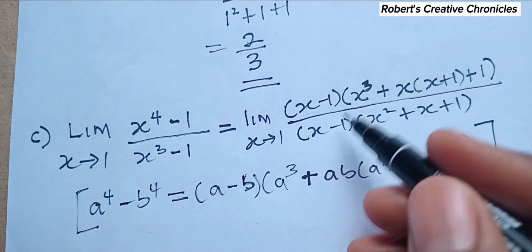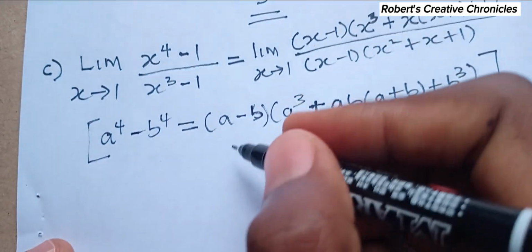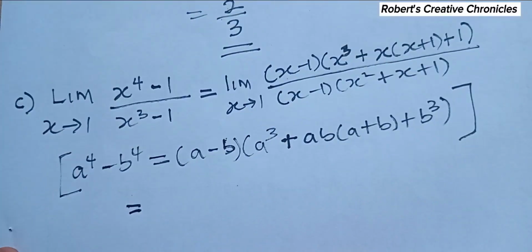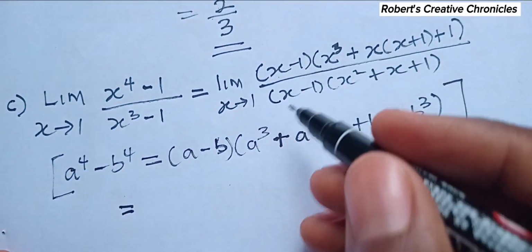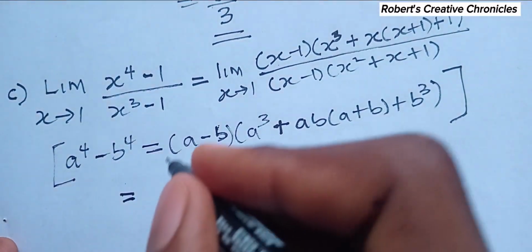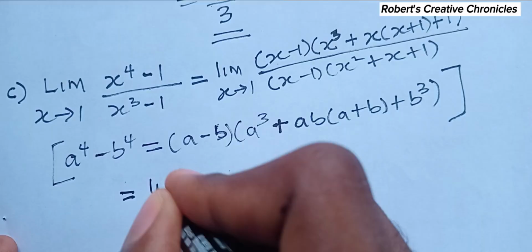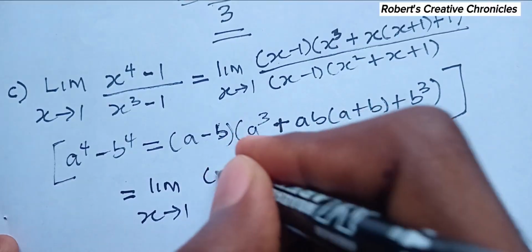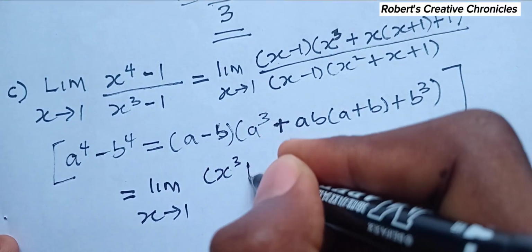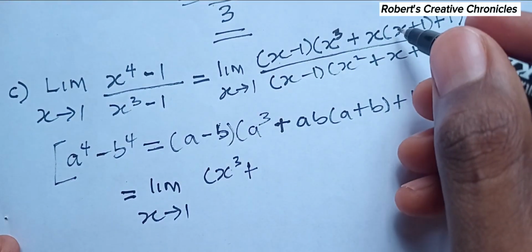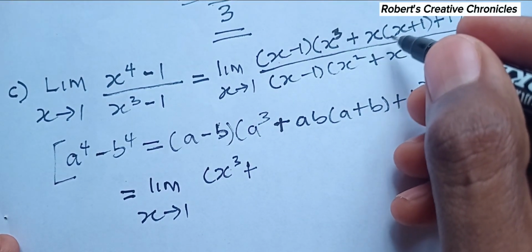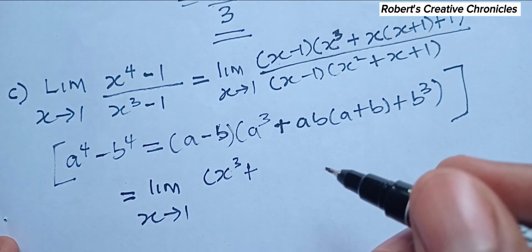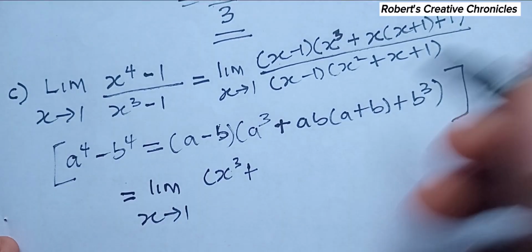Now this and this will go. It becomes limit as x approaches 1 of x cube plus, since we substitute 1, there's no need to open the bracket, we just substitute like that.